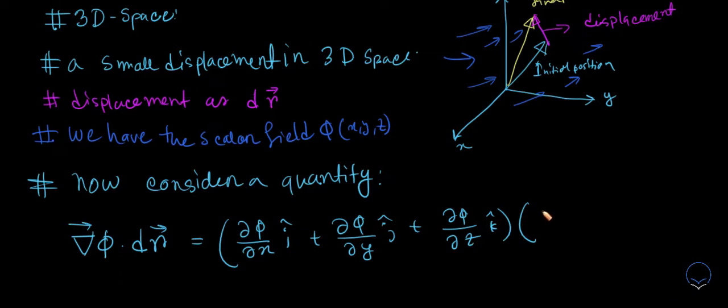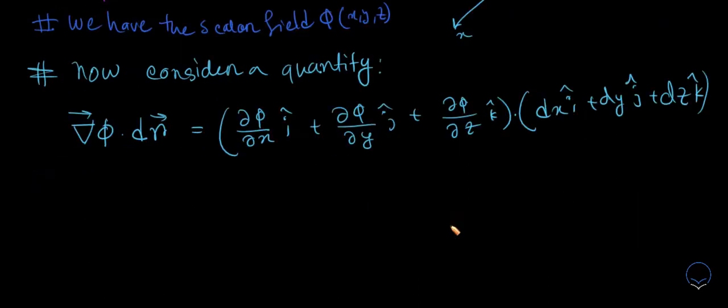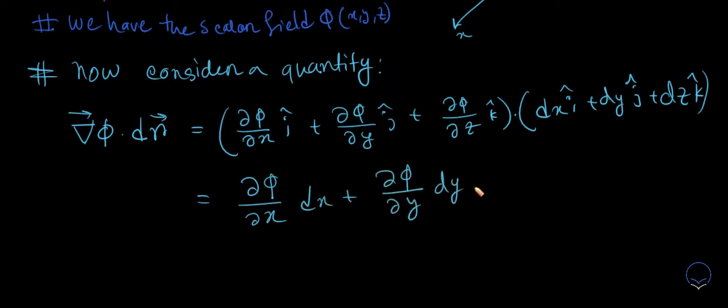So this dr will be nothing but dx i hat, dy j hat and dz k hat, and there is a dot between them. That means you have to take the dot product of these two things. After taking the dot product, this is just del phi del x dx, del phi del y dy, and del phi del z dz, like this. But now this is something you are familiar with.